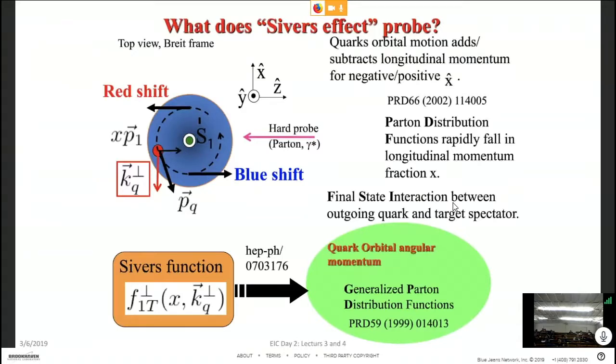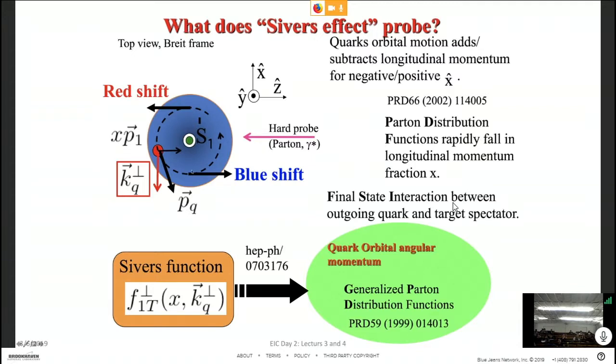What we're claiming now is that the quark rotational motion inside the proton might be affecting the pion production, depending upon when the hard probe, gamma star, hits the quark. Most often the quark is hit on the front side. So here is the hard probe coming from the right and it hits a quark, and that quark will then predominantly go to the right of this, and you will see that red shifted.